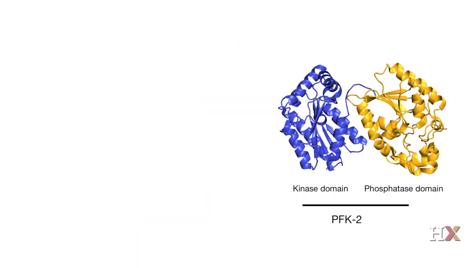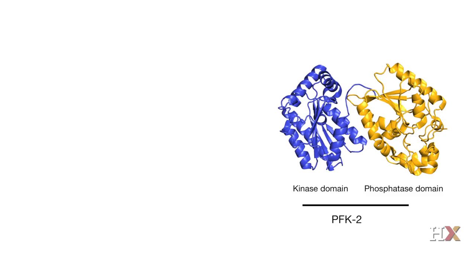PFK2 is one protein with two domains. One domain acts as a kinase, the other domain acts as a phosphatase. You could imagine that in this bifunctional enzyme, the two domains with opposing function don't work together at the same time. In fact, what determines the activity of the enzyme is a phosphorylation.